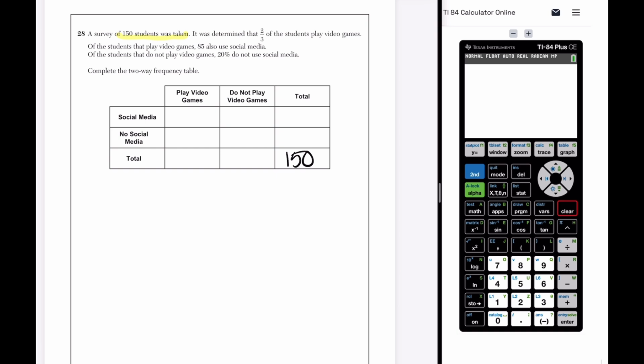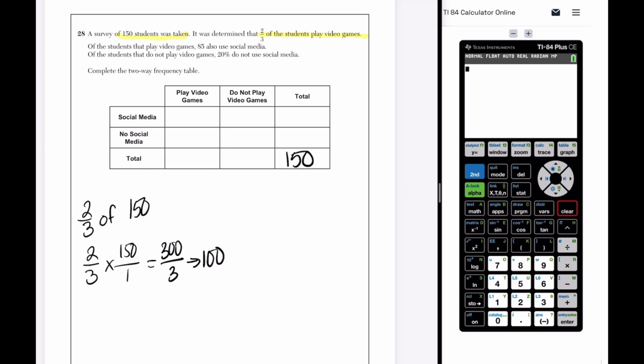So what is 2/3 of students? So if I was doing 2/3 of 150, or 2/3 times 150 over 1, that's 300 over 3. So that's only 100 kids play video games.